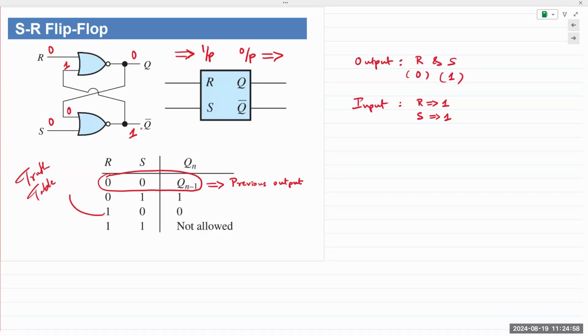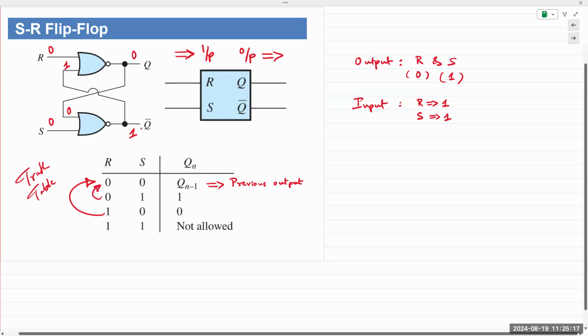Hence, the first state, where if the inputs are both zeros, then the output remains at the previous state, Qn minus 1. And that is true for both the second and the third state. And that's why we can also say it has memory.